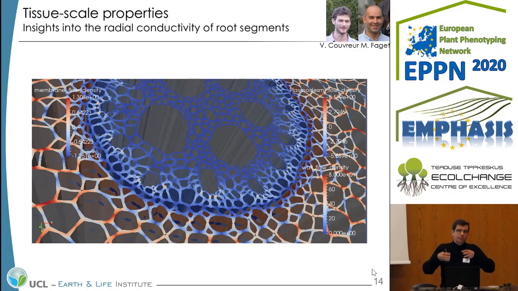The map of membrane conductance is based on aquaporin expression. The plasmodesmata, we take from the literature. And the cell wall comes from the model. And so we are able to follow the flow density along the walls, across the membranes, and through the plasmodesmata.